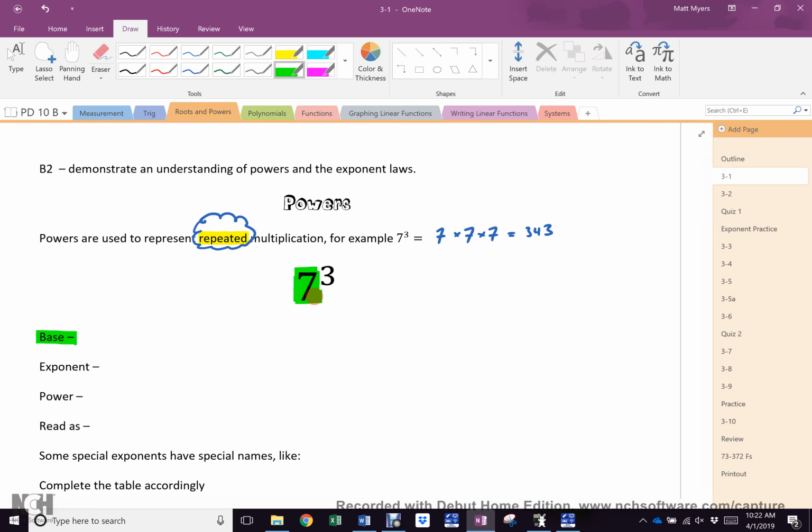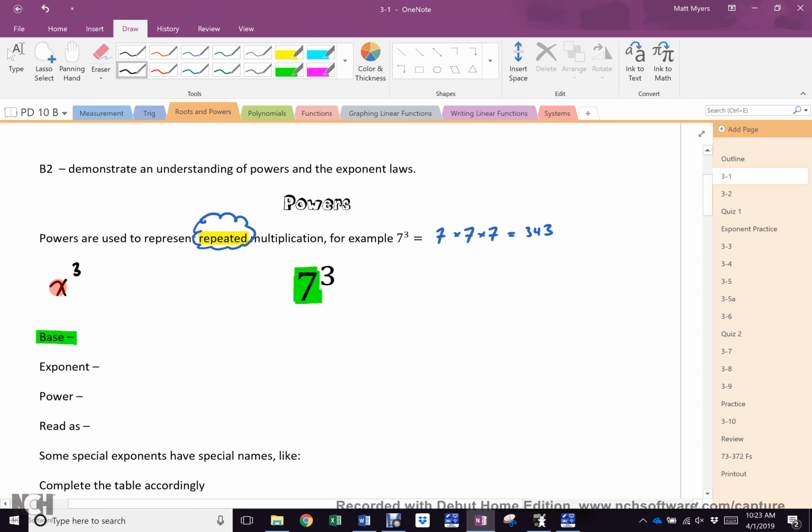Technically, in the 9th grade, all the work you did only had to deal with numerical bases. Technically. You're in the honors class. I assume that you saw this. Did you? Excellent. There is no difference. In this case, it is a 7 is the base.